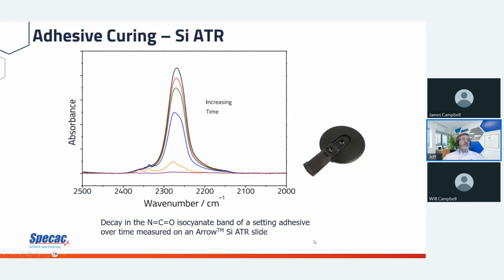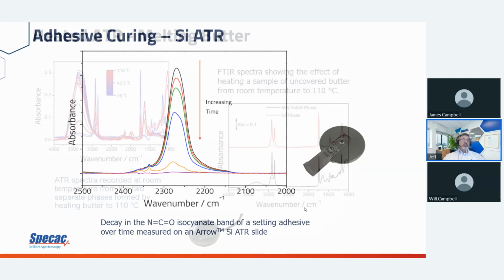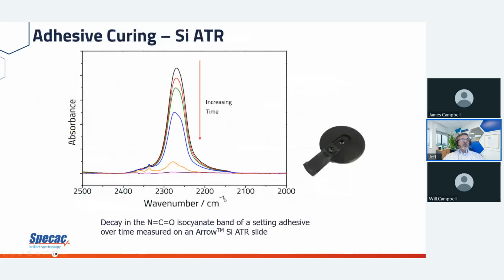Here's an adhesive. It's curing over time. As time increases, the bands, this is the isocyanate band, is decreasing with time. And this doesn't happen immediately. This takes a while. So it was taken over a period of a couple hours for that isocyanate band to come right down.